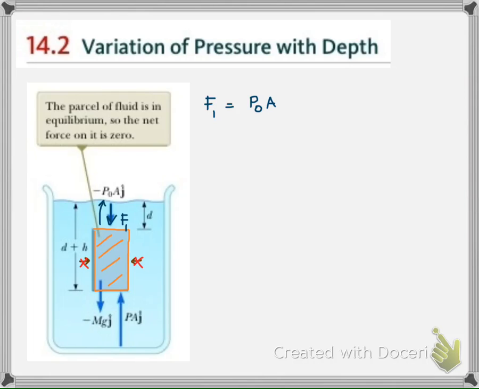Okay, and if we assume that the pressure here is P, and from the shape of our object, which is rectangular, we can see that we have F2 here.